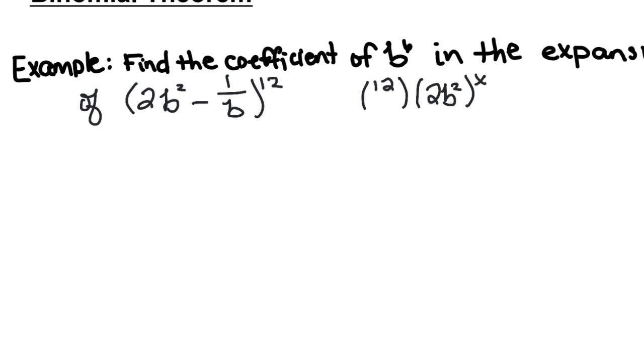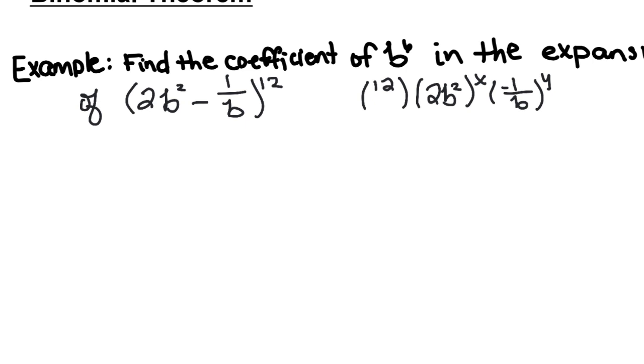Let's use x and y. So I'm going to use x. And then we're also going to have negative 1 over b to some exponent, right? That's going to be our setup. So the way that I view these is I ignore the numbers because I need to find b to the 6th.